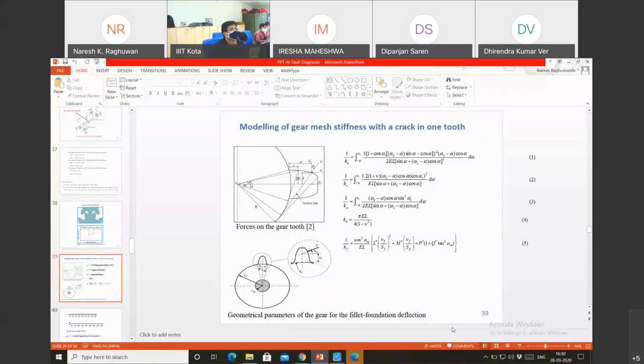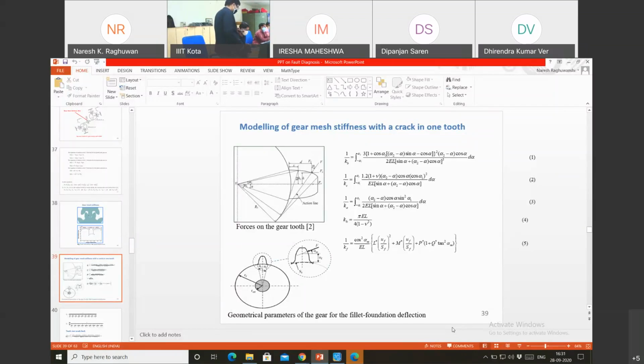One last question, sir. Are there any compliance approaches available in the literature for calculating the stiffness? Compliance is just the reciprocal of stiffness.